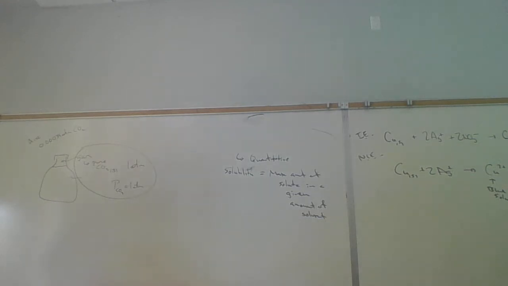So what happens is, when I have pure CO2 here, the CO2 is forced into the liquid. Some of the CO2 escapes, and we set up what's called a dynamic equilibrium, where we have dissolving of CO2 and degassing, in other words, we allow some of the CO2 to escape.